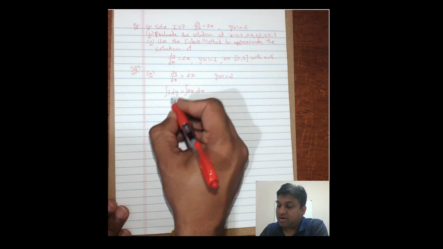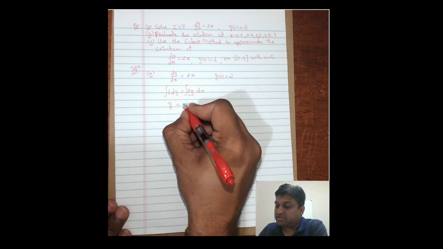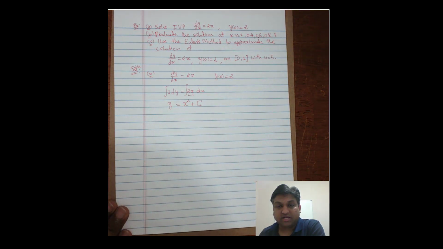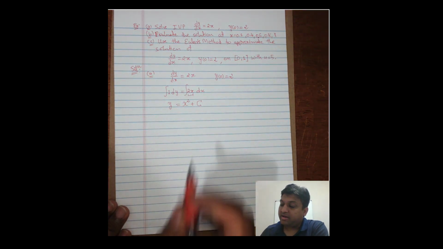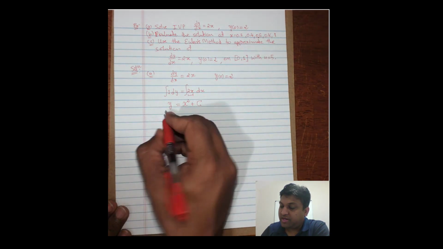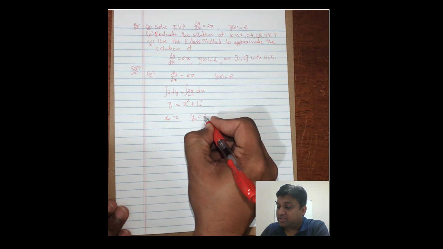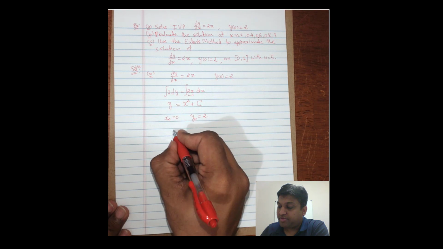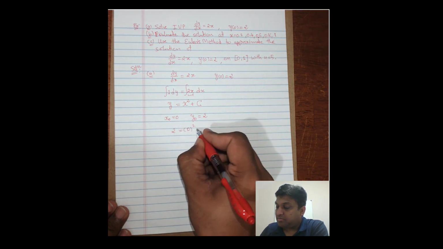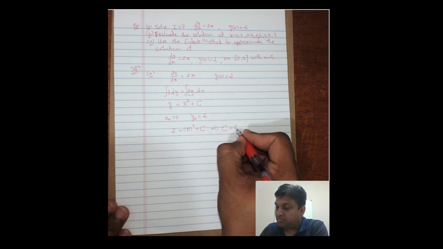Once the separation is done, we need to integrate both sides with respect to their variables. The antiderivative of 1 with respect to y is y. The antiderivative of 2x with respect to x is x squared, and then you throw a constant of integration there. We get y = x squared + c. Because an initial condition is given, let's use it. When x is 0, the corresponding y value is 2. Plugging in, 2 = 0 squared + c, so c = 2.